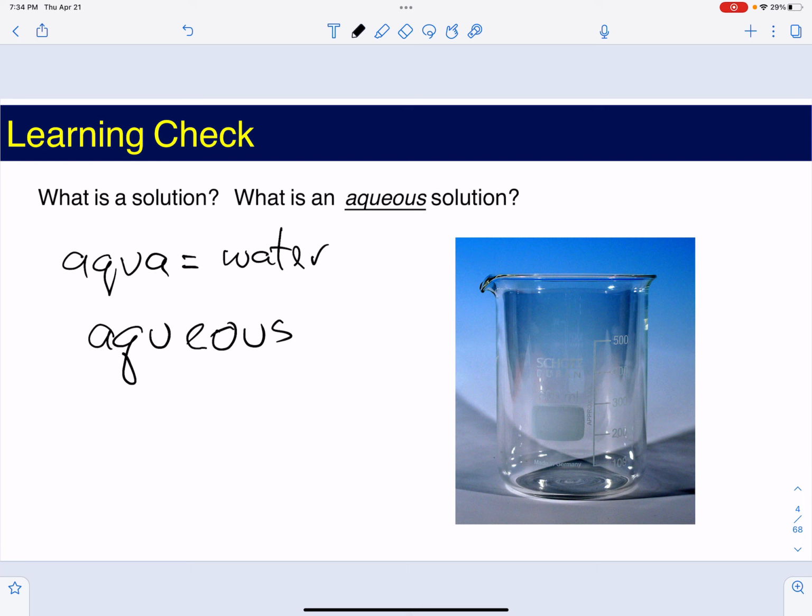So now you know what a solution is. Now you know what an aqueous solution is. A solution where the solvent, or what you're using to dissolve, is water.